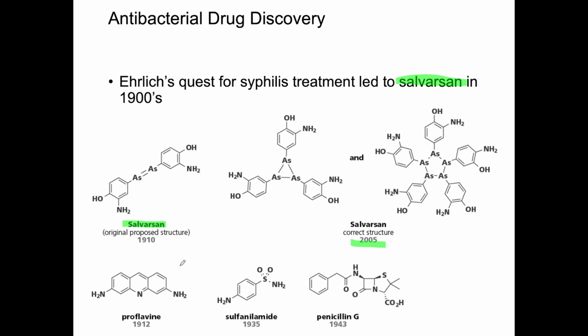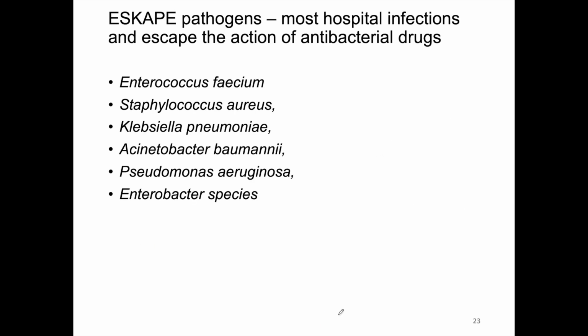Anyhow, antibacterial drug discovery then went through discovering molecules such as proflavine, which would intercalate into DNA, sulfanilamide, which is an inhibitor of part of the folic acid biosynthetic pathway, and then penicillin G, an inhibitor of the penicillin binding proteins, in the 1940s. And so those discoveries really spearheaded the antibacterial discovery process.